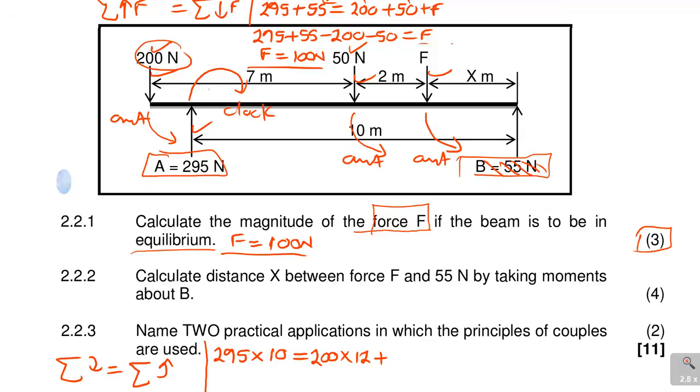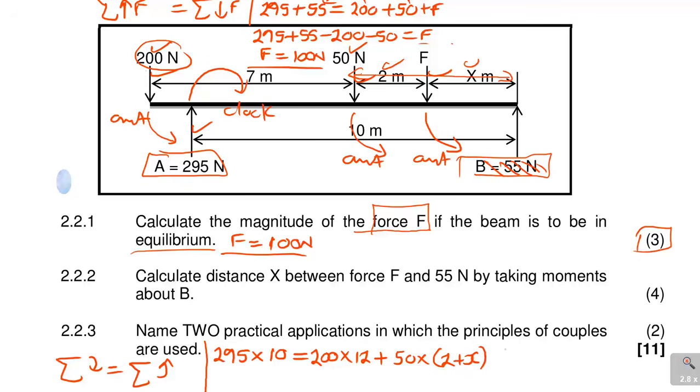Plus, and then you look at the next part to say what is the 50 newton force's distance from B. You can see that the 50 is this distance altogether, you need to add 2 and x, so it is equal to 50 times (2 plus x).